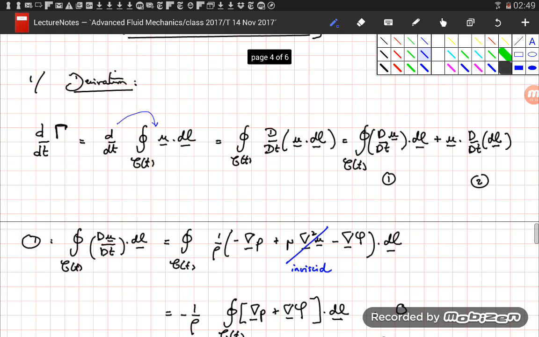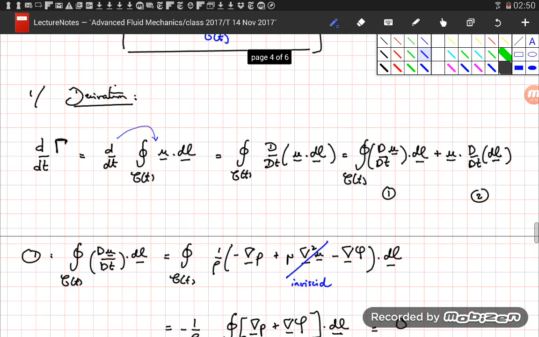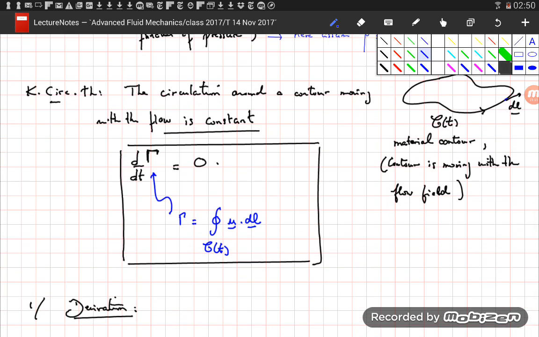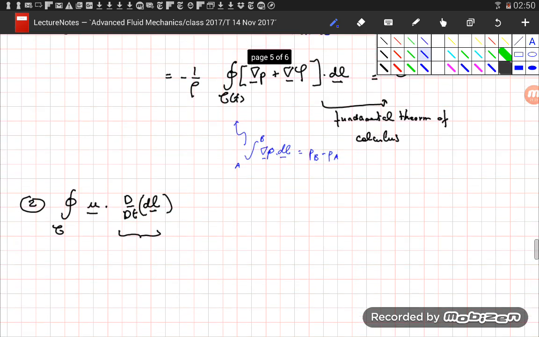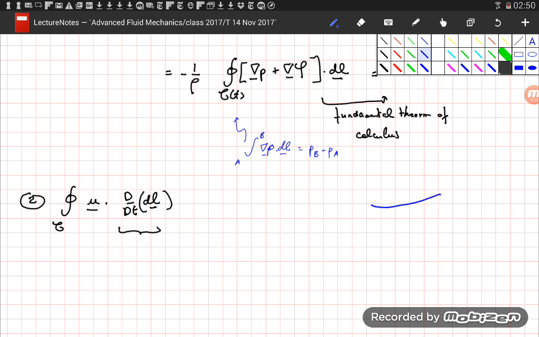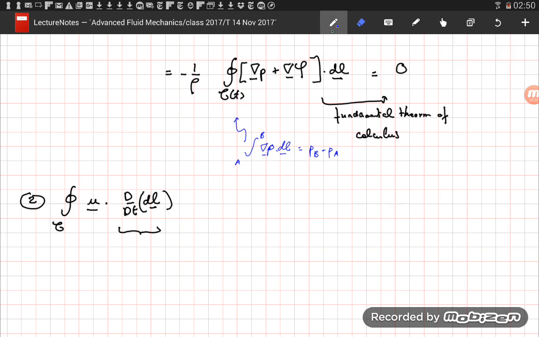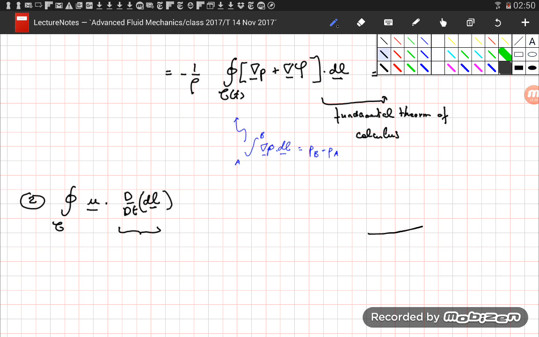Now, where's my contour? It's up here. It's a bit too small. So let me just zoom in on the contour. So let's say here is my contour, and I'm going to zoom in on that little section of my contour. So this is the contour, and here I have dl.